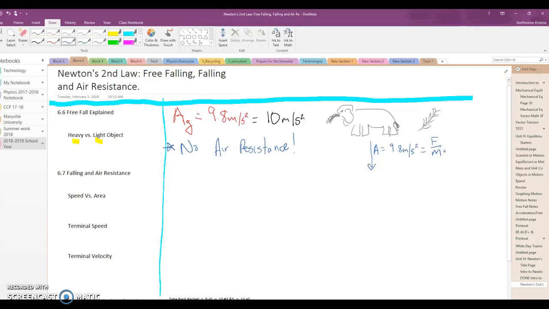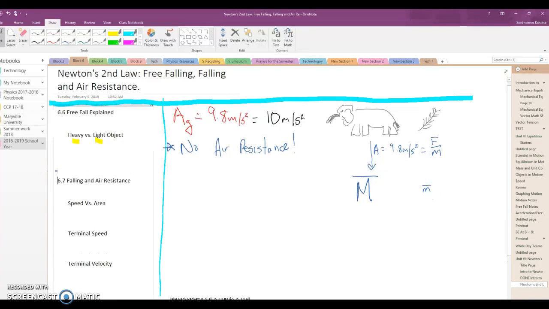Okay? So when you know this, if acceleration is always 9.8, if I set up this equation, if they're both equal to each other, the mass of the elephant is huge, right? Well, the mass of the feather is very small.